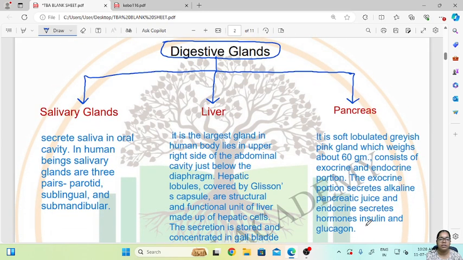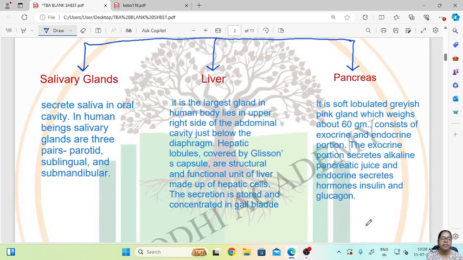So these are the digestive glands. The first gland is the salivary gland. The salivary gland is in the oral cavity, that is, in our mouth. In human beings, there are three pairs of salivary glands: parotid, sublingual, and submandibular.